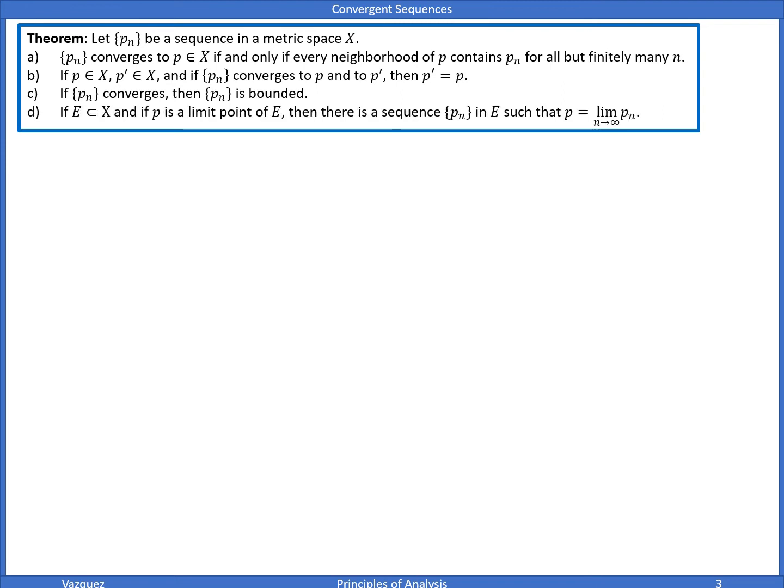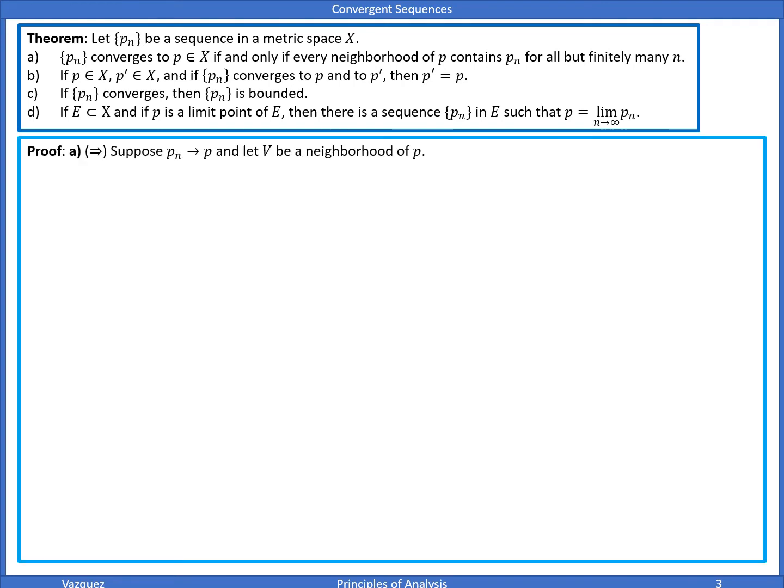Next, if E is a subset of X, and if P is a limit point of E, then there's a sequence P sub n in E such that P is equal to the limit of P sub n as n goes to infinity. These are fairly straightforward proofs.